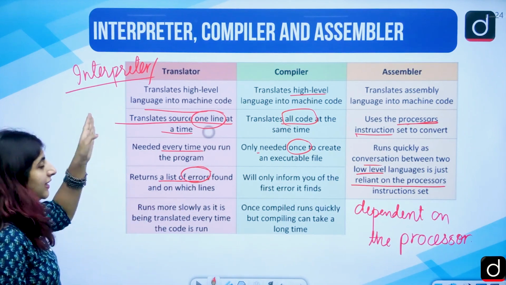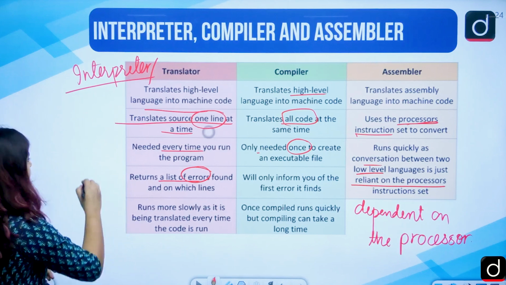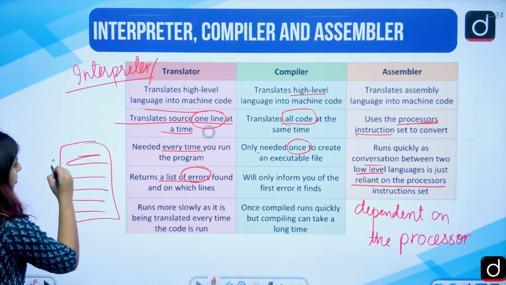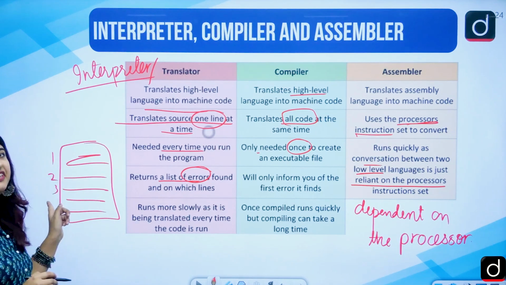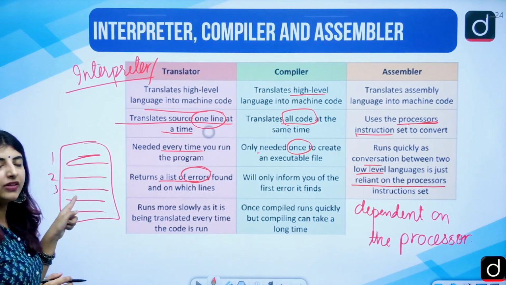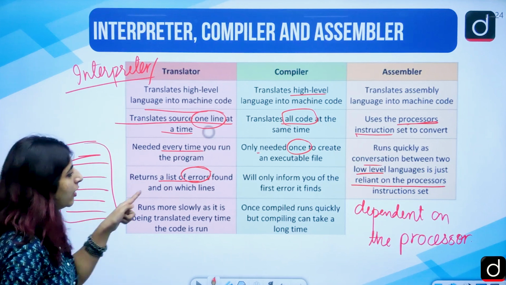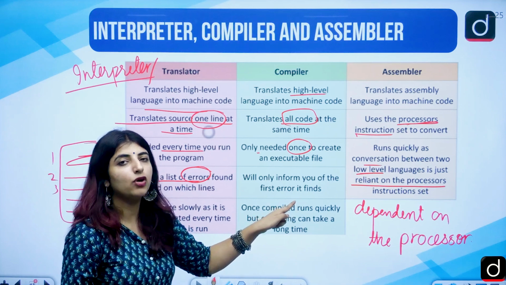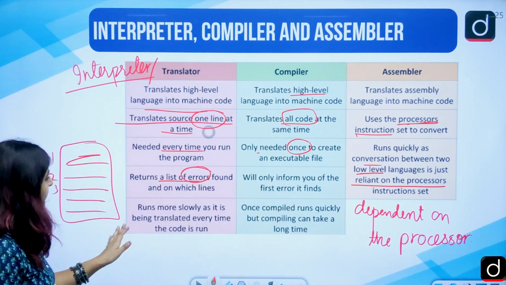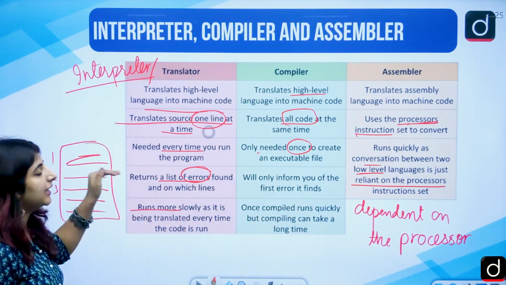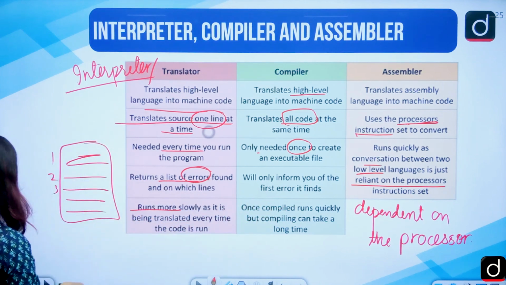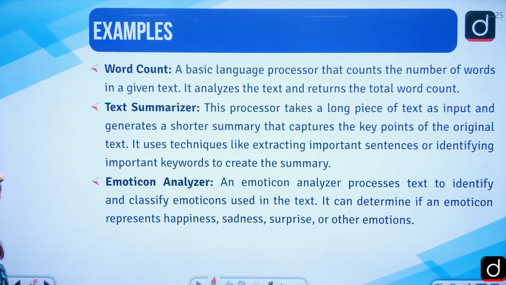The interpreter will let you know, for example, 1, 2, 3, 4, 5, 6, so in the third line you have the error. The interpreter will only inform you of the first error it finds. It runs more slowly, while this one is a little faster because it translates the entire code there and then.